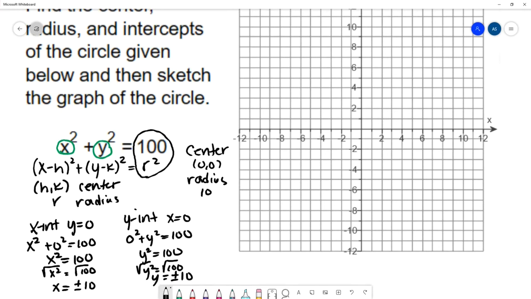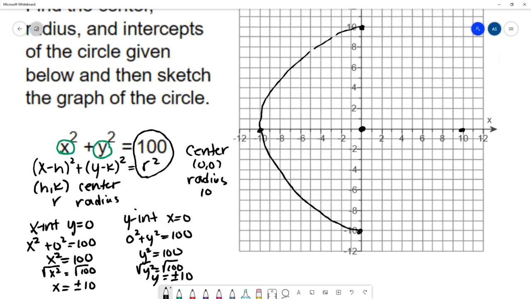Then we want to sketch the graph of the circle. So we find where the center is. The center is 0, 0. And the radius is 10. So we're going to go 10 up, 10 right, 10 down, and 10 left. And that gives us some points on the circle.